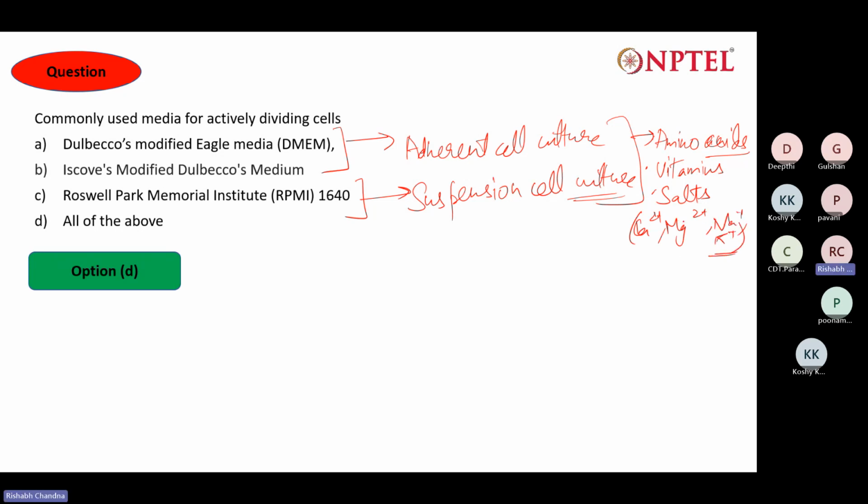Okay, these are the major ions that we need in our particular system. And then in the last, we have certain buffering agents, for example, sodium pyruvate or bicarbonate. And we have certain pH indicators also, for example, phenol red. Okay, these are the basic constituents that we have in these particular media.